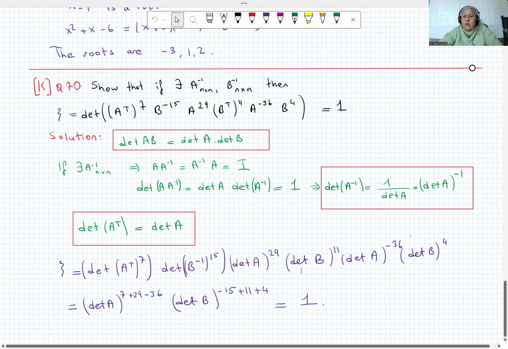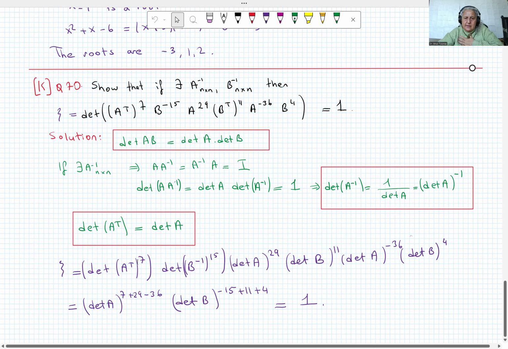Now, these are all real numbers, because determinants give you only one number, and you can always swap them. Then you will be able to collect all of them. So this is A here, A here, A here.